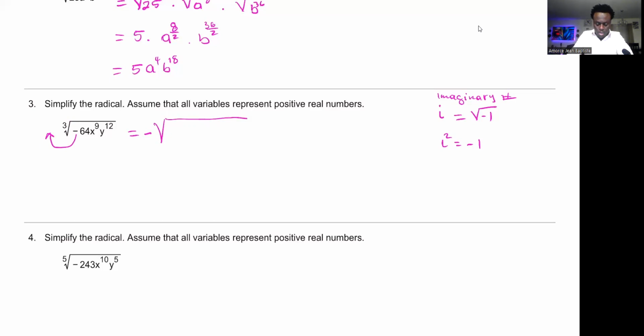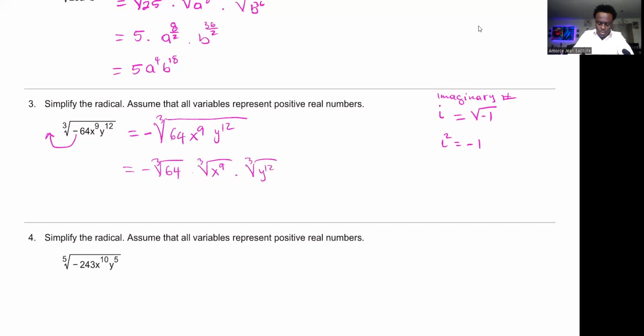So that's negative cube root of 64x to the 9th y to the 12th equals negative cube root of 64 times cube root of x to the 9th times cube root of y to the 12th power.